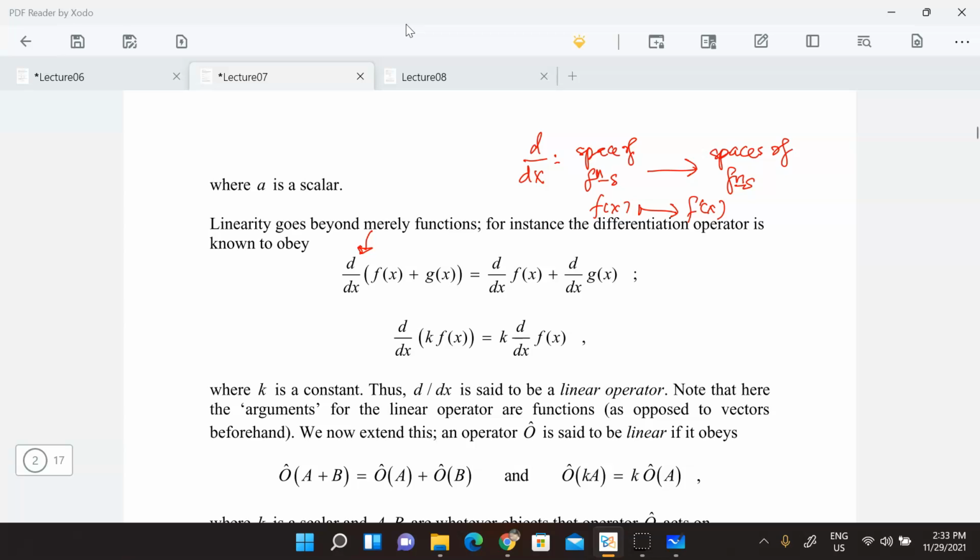In other words, this is what we call a linear operator. And you can check that any higher order derivatives will also be linear. These are linear operators.